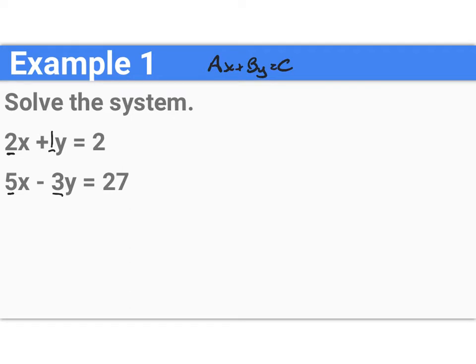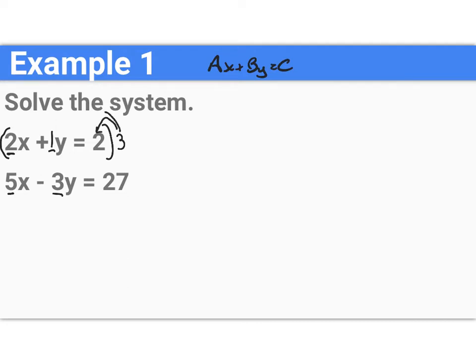So what you're going to have to do is multiply the whole equation to make the coefficients the same. We're going to eliminate y because it's easier to multiply one equation than to multiply two, in my mind.